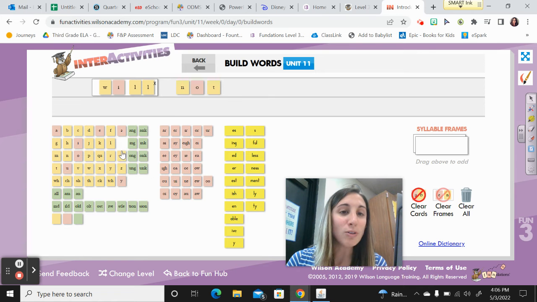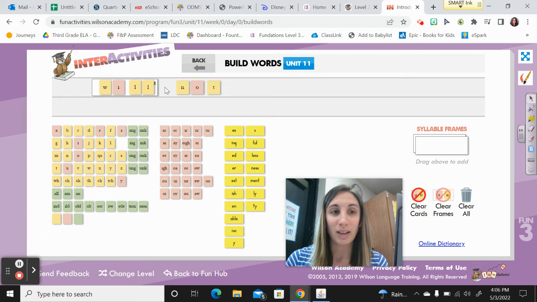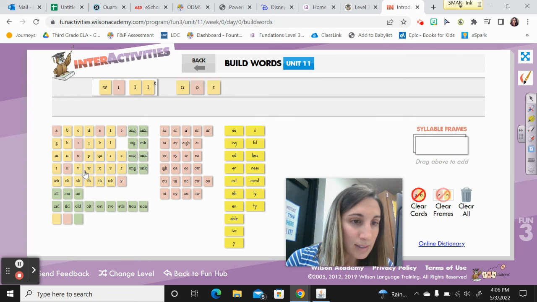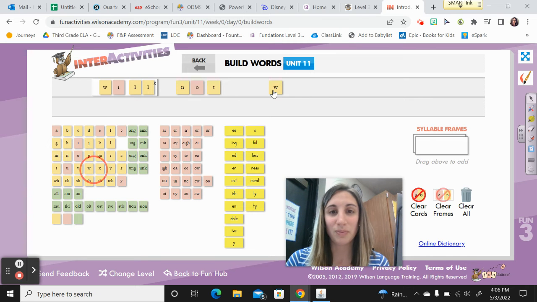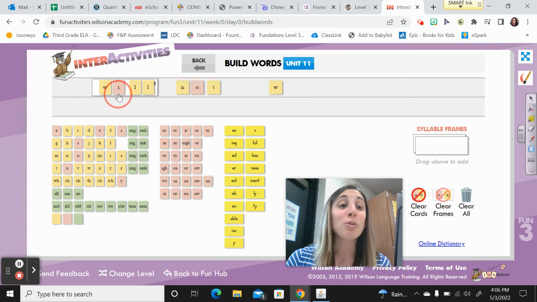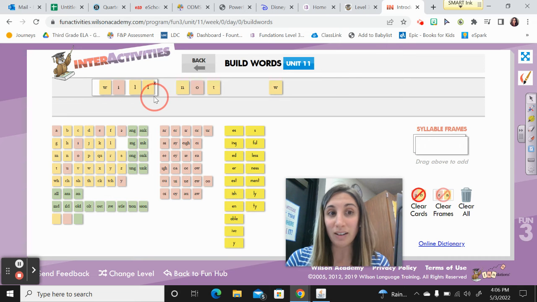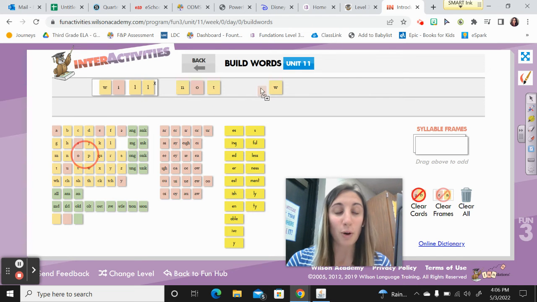Okay, so how do we make the contraction or our word of the day won't? Do you remember what we do with these? We keep the W, great. We get rid of the ILL, ill. Do you remember what we put there instead? Right, we put an O.